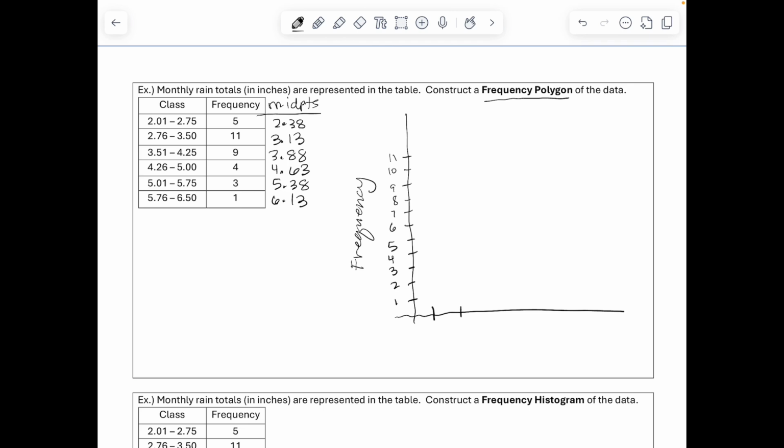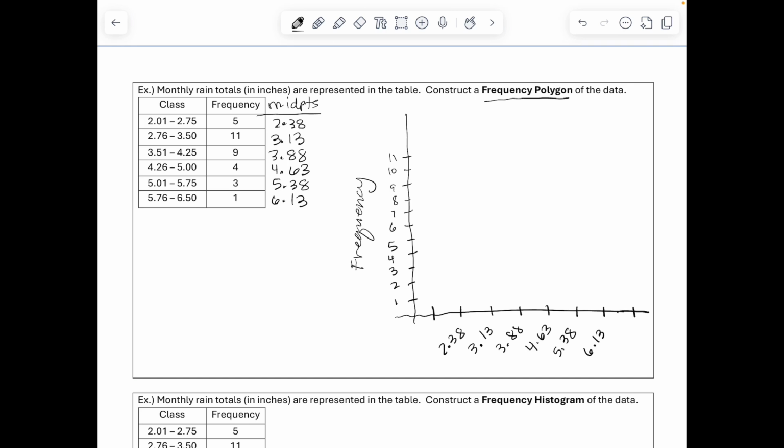So we have 2.38, 3.13, 3.88, 4.63, 5.38, and 6.13. I'm also going to put one more little dash here that we'll talk about after we do the plotting of the points and connecting them.